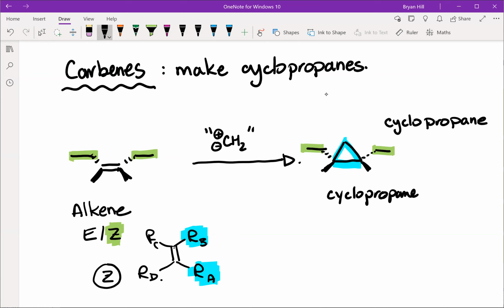But this is what we would call a stereospecific reaction. The stereochemistry of your starting material is reflected in your product. So this would be stereospecific.